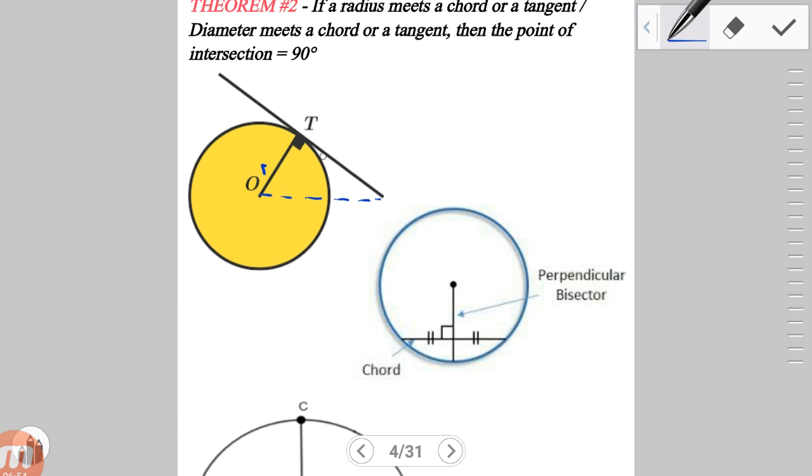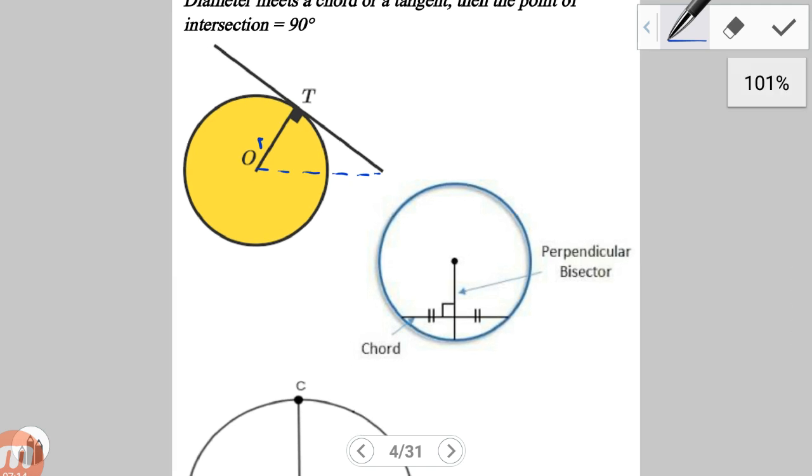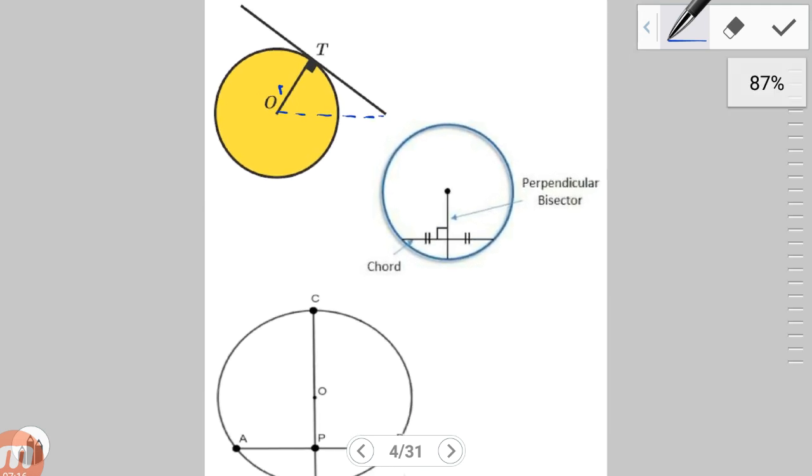There you can see again, like the connection of the 2 radii in a circle, which forms an isosceles triangle. If the radius meets the tangent, then connecting the 2 edges of those 2 separate lines will form a right-angled triangle. Powerful stuff, guys, when it comes to circle geometry.